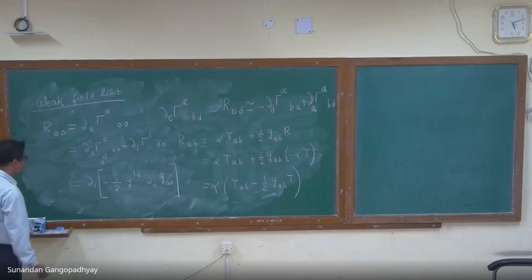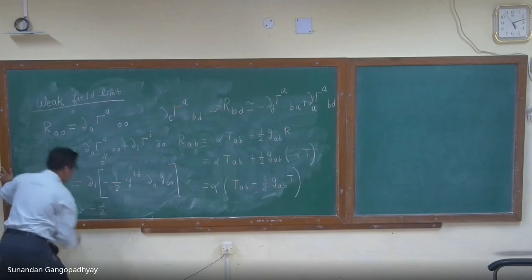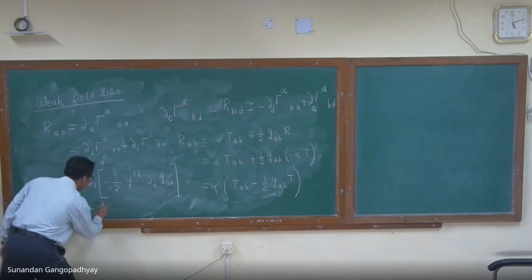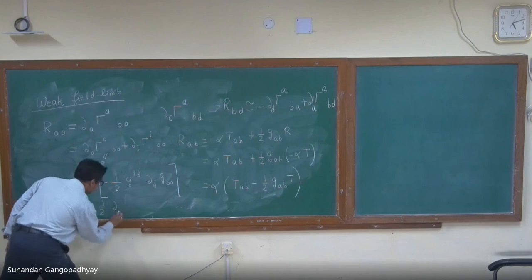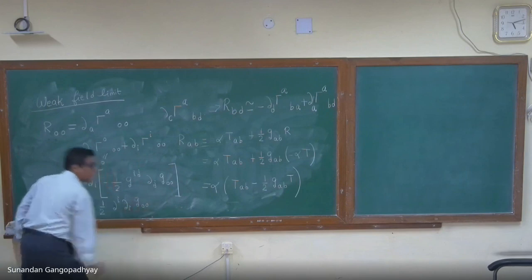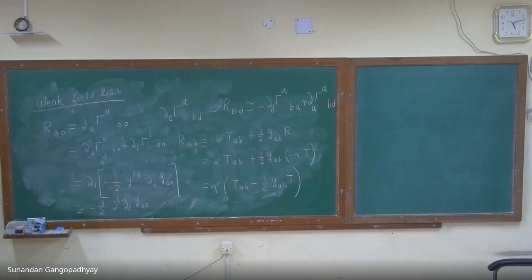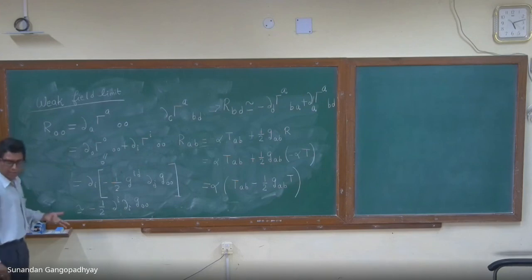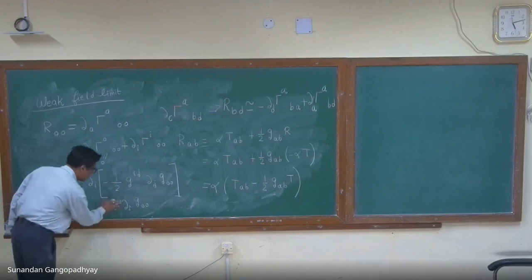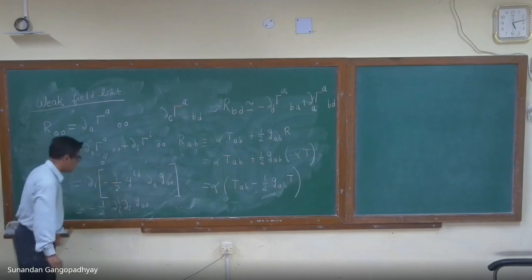So what you can do is write this as approximately minus half, then replace this g^ij by eta^ij. Simply minus half del_i. And since we are using the mostly positive signature, this is a special thing: you can pull the index down without any cost. This becomes del_i g_00.